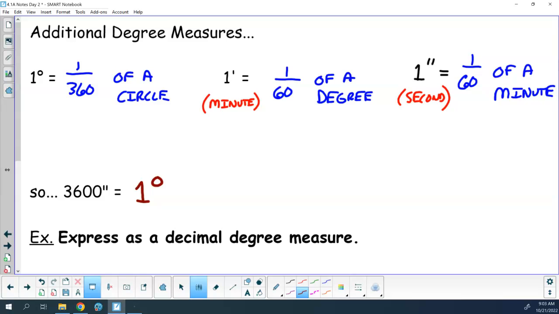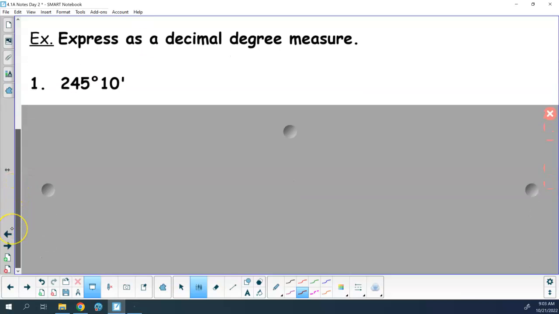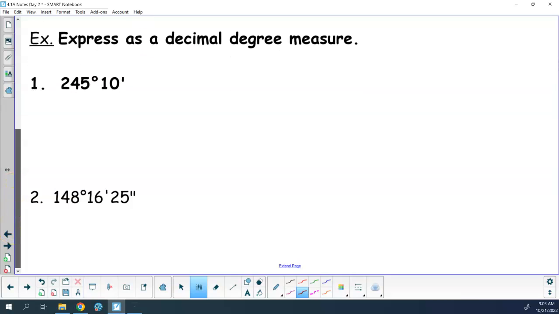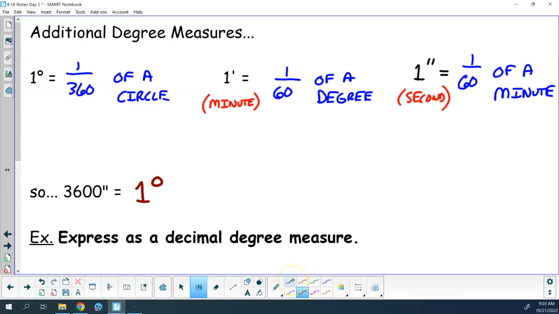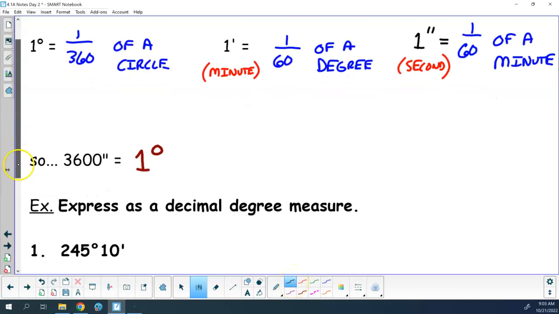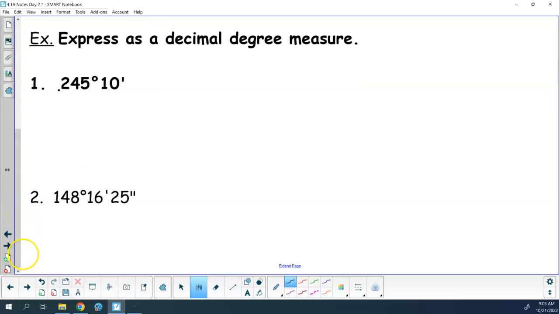Okay. So here's how you would convert from degrees, minutes, seconds, which these two would be, into decimal degrees, what we're normally used to. I don't know why it's jumping today. Okay. So first off, you take the degree part, and you just start with that.